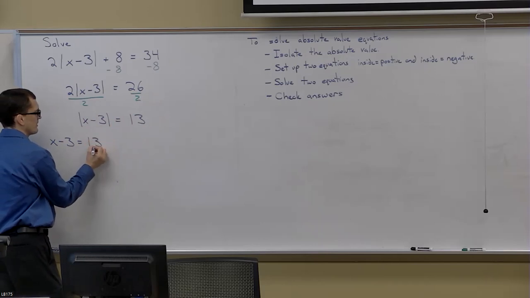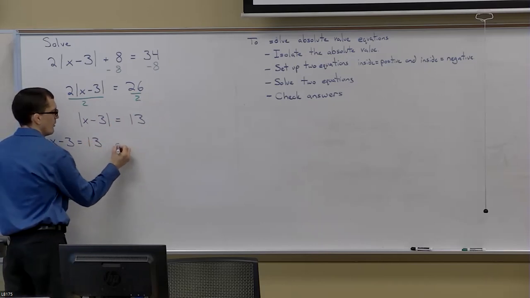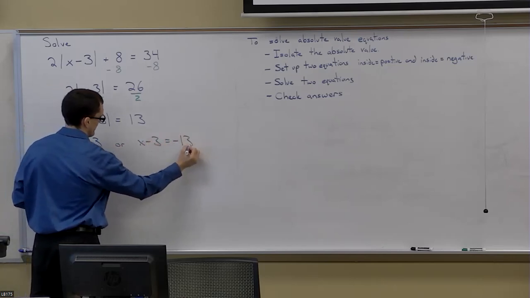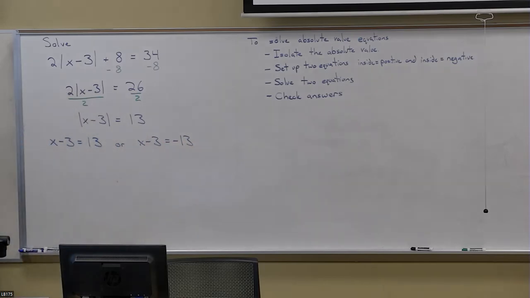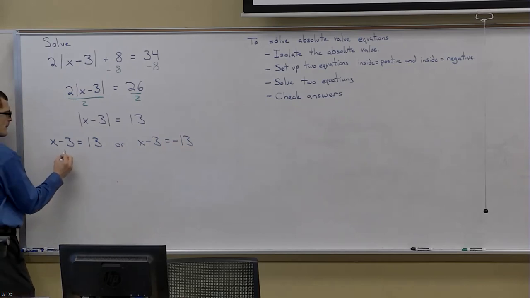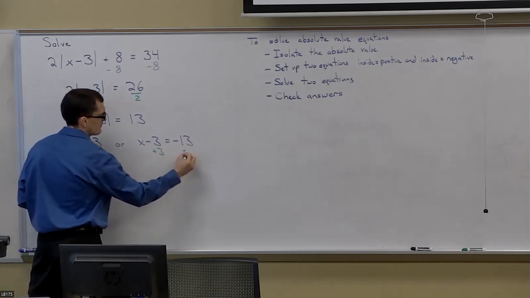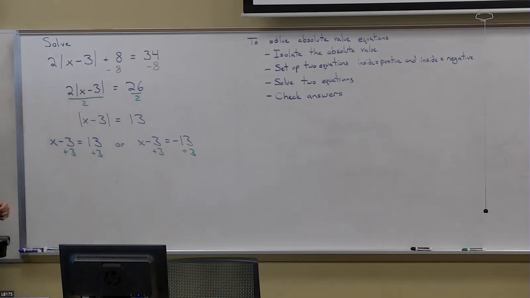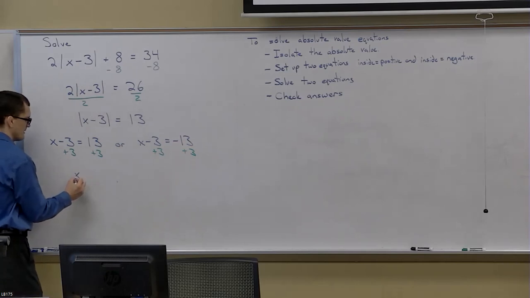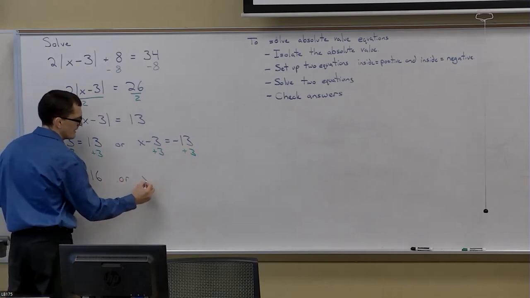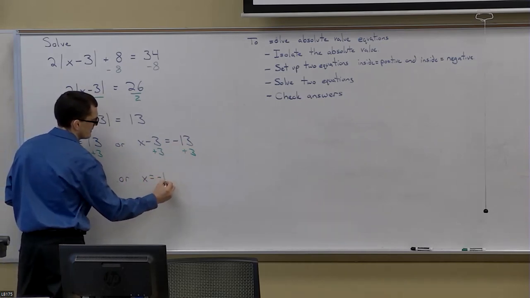The x minus 3 could have either been a positive 13 or that x minus 3 could have been a negative 13. In both equations, to solve for x, we just add 3 to both sides. In the left equation, you get x equals 16. In the right equation, you get x is equal to negative 10.